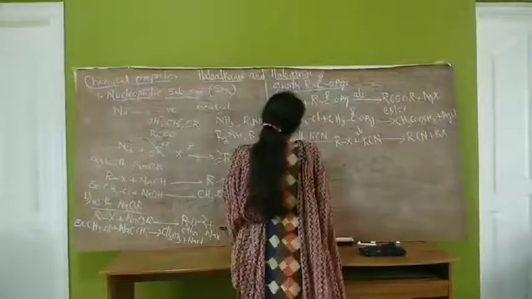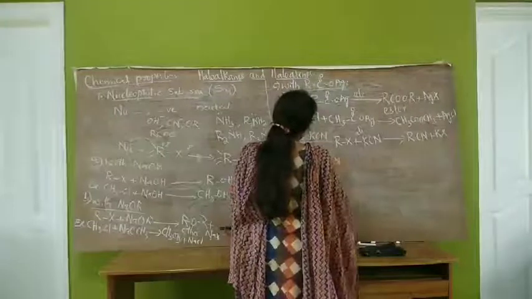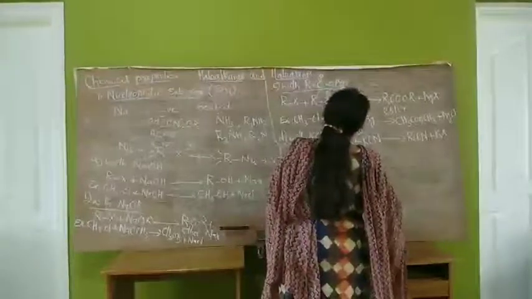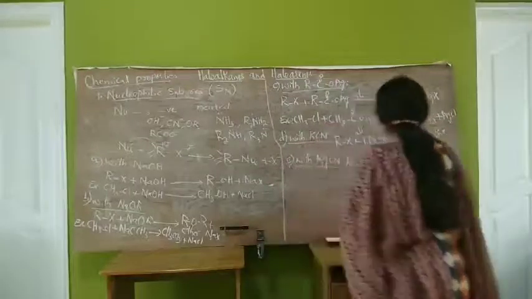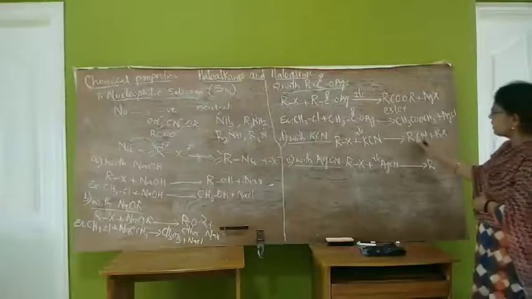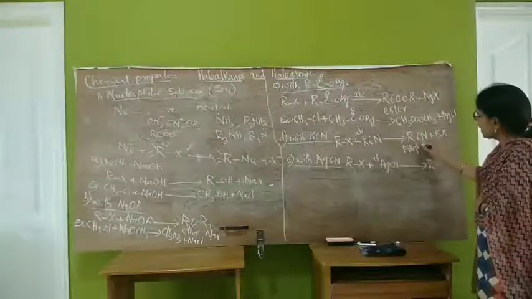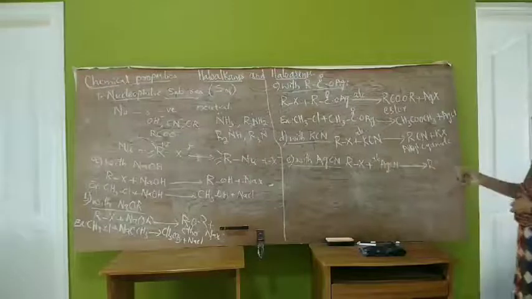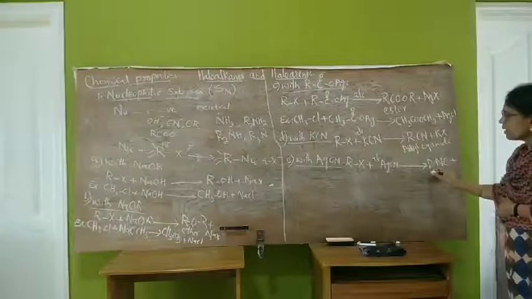So next, let us consider the reaction with alcoholic solution of silver cyanide, AgCN. When alkyl halides are heated with alcoholic AgCN, alkyl isocyanide is formed as the major product, plus AgX.